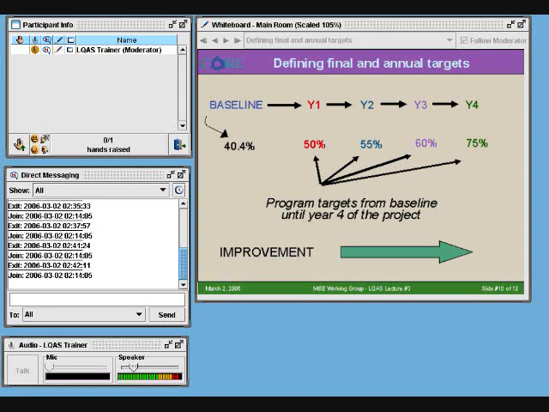So in the example that we're showing here in this particular slide, we have an average coverage found at baseline of 40.4%. And we have decided to establish a final coverage target of 75%. However, we have been able also to identify annual targets at the level of 50% for year 1, 55% for year 2, and 60% at year 3.